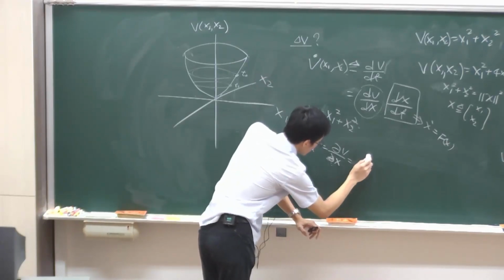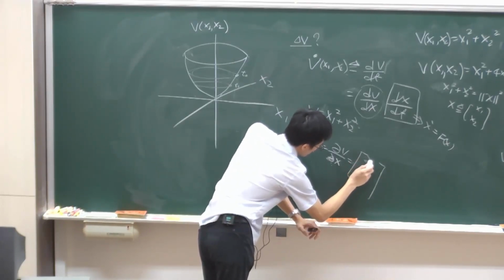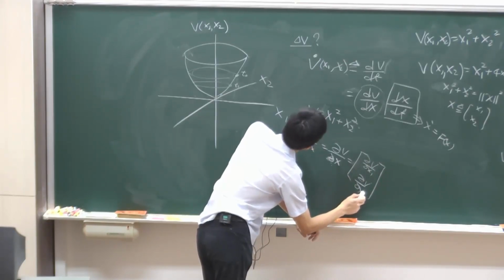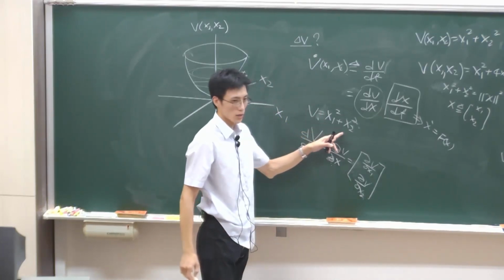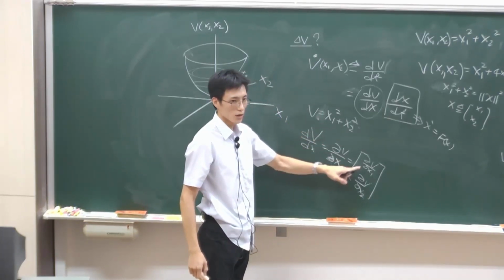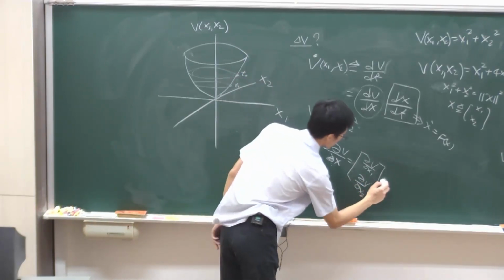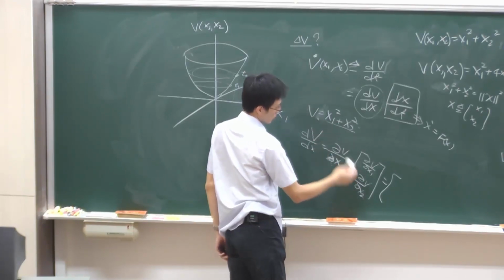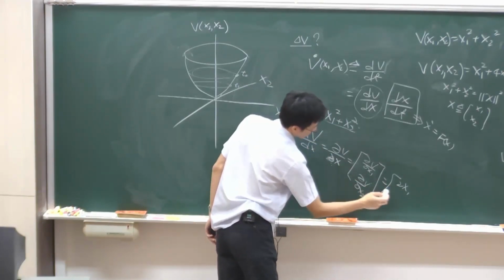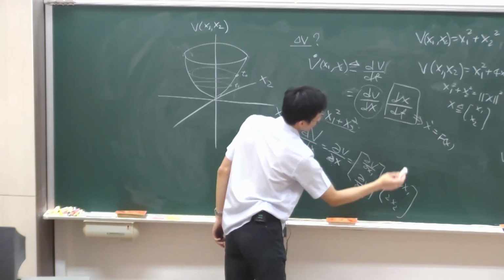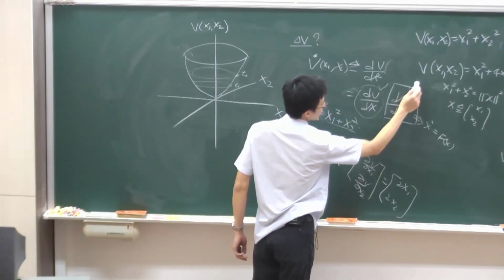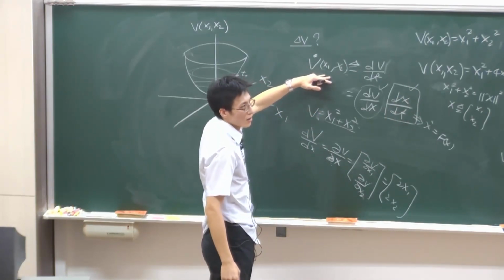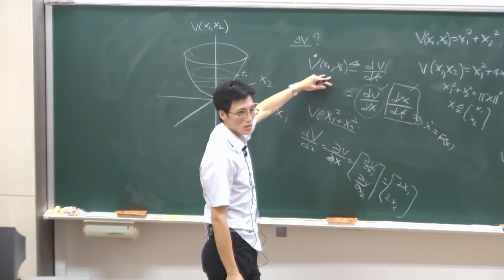Again, because you have two arguments, right? Okay, so there will be a column vector. So what's this? V is this. Partial with respect to x1, that's 2x1. It's 2x2. So it's known. Okay, and this is known. So the time derivative of V is known.